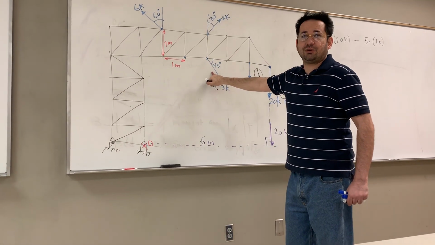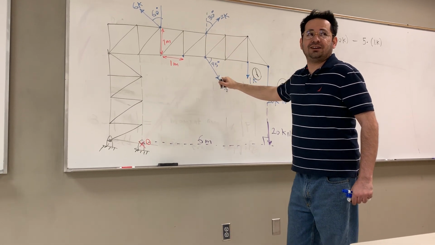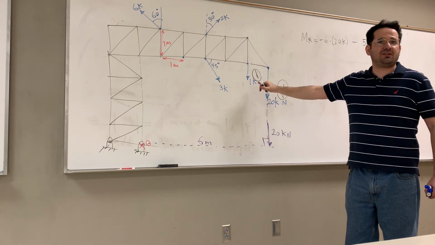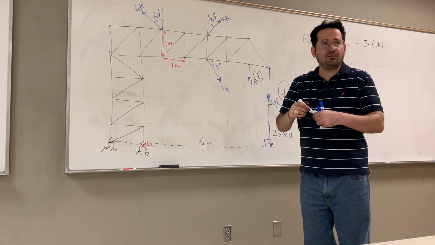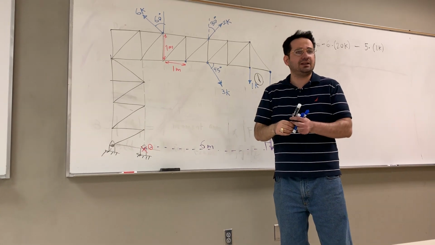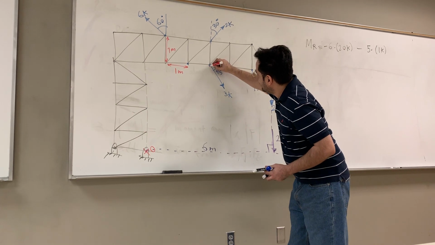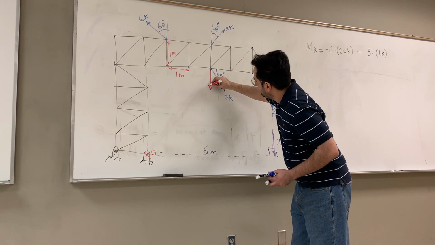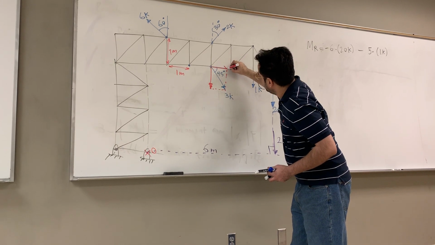Now this guy, look at this guy. Decompose it, step 1. You see we didn't decompose here because these were already in the y direction. For this guy, let's do step 1. Decompose it into x and y components. So you would get a y component like that, an x component like this.